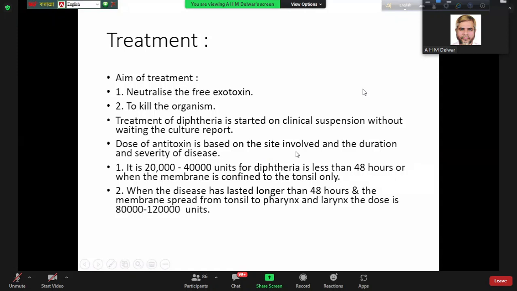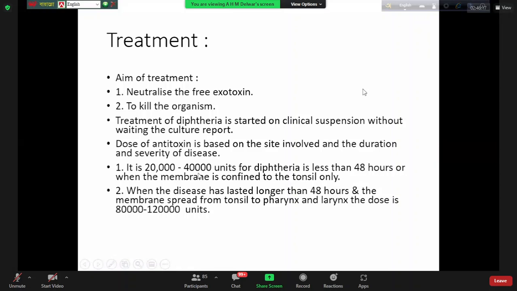Different sites are involved. So we see the site, duration and severity of the disease. Number one, antitoxin 20,000 to 40,000 units for diphtheria of less than 48 hours, or when the membrane is confined to the tonsil only.